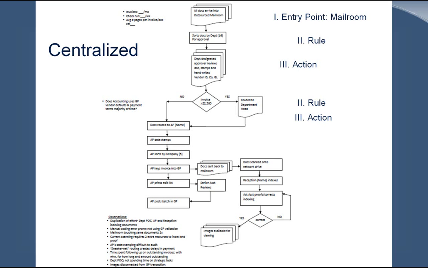Are your department points of contact or managers spending too much time on invoices, reviewing, coding, that could be spent on strategic tasks? So these are all questions that, when you document this, don't document for the sake of documenting, but begin to apply some strategic thinking about why we do it this way, and is there a possibility to change it?